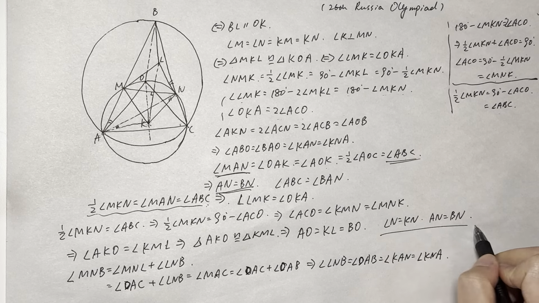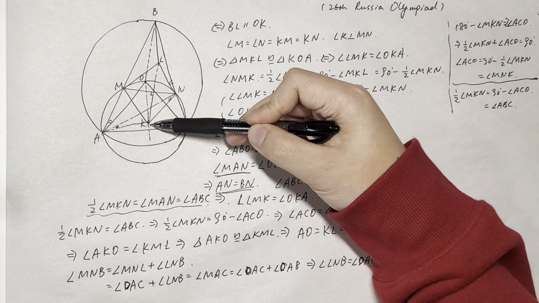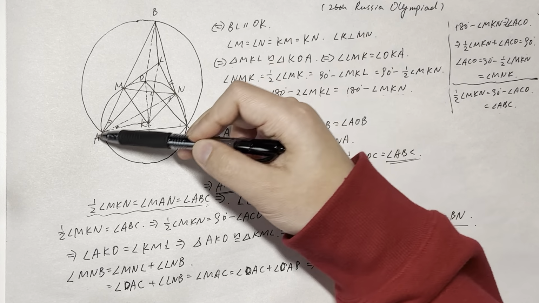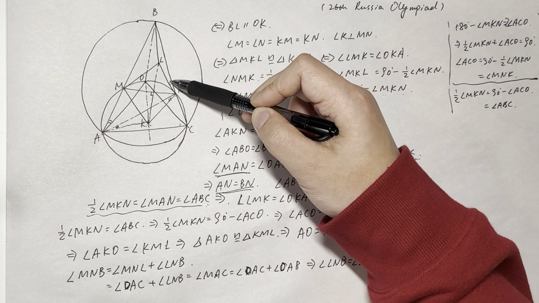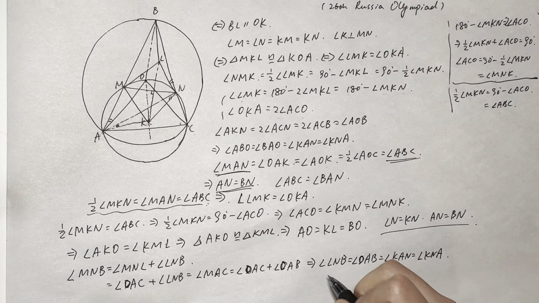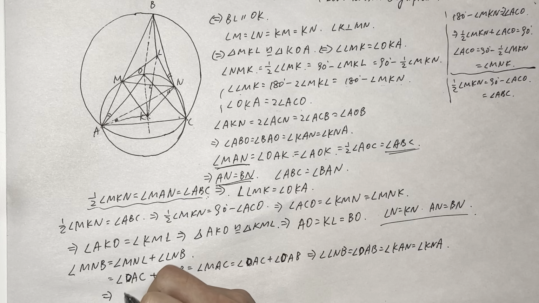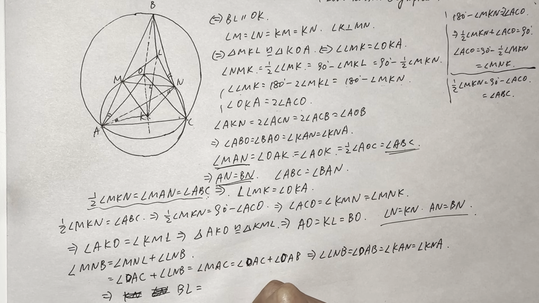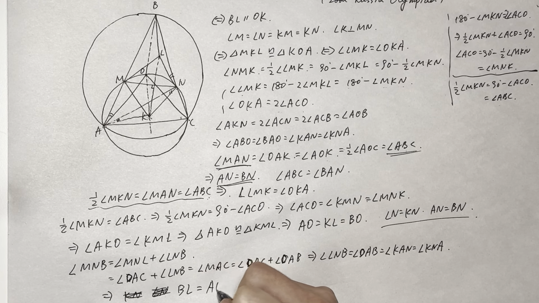Okay, now we have that LN equals KN, we have BN equals AN, we have this angle equals this angle, which means BL equals AK, right?